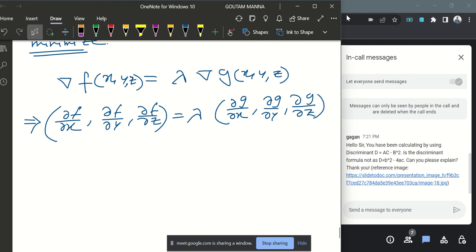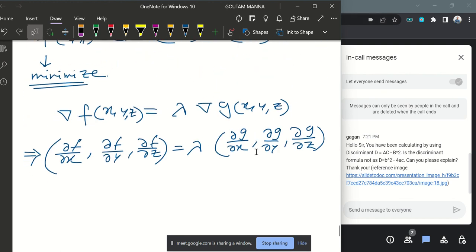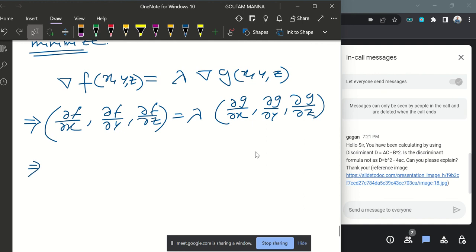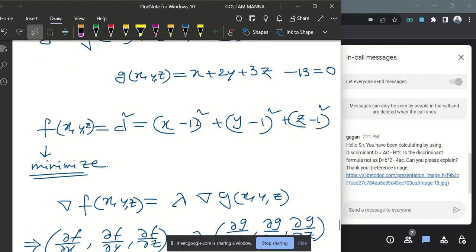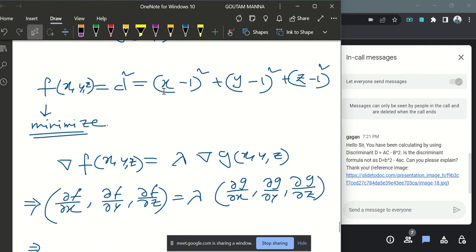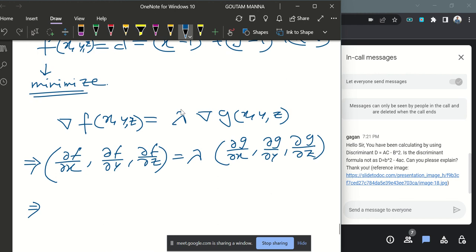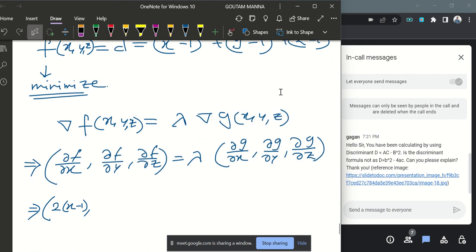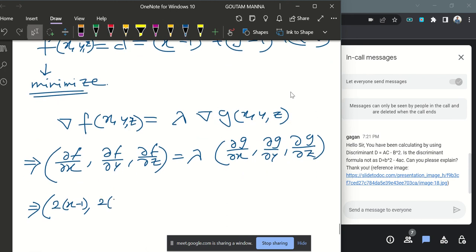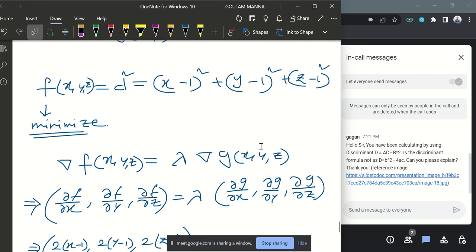So del f del x is twice (x minus 1). Similarly, del f del y is twice (y minus 1), and del f del z is 2 times (z minus 1), equals lambda times del g del x.